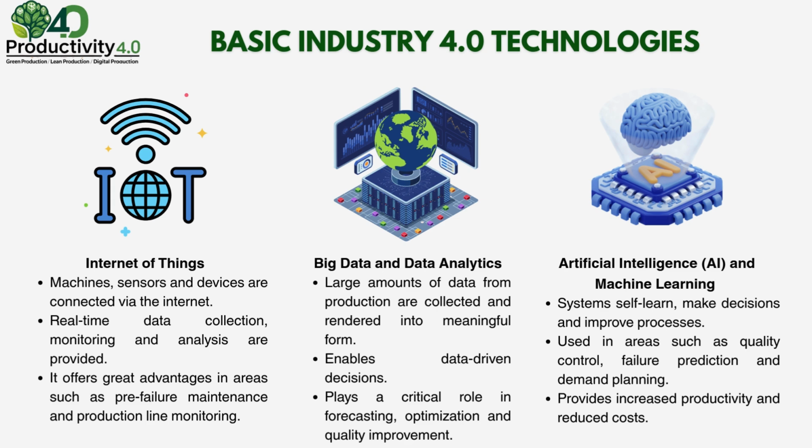These insights support accurate and rapid decision-making. Lastly, artificial intelligence and machine learning systems come into play. These technologies enable machines to make decisions independently by learning from past data. They offer high efficiency and cost advantages, especially in areas such as quality control, fault prediction, and demand planning. These three core technologies are the building blocks of Industry 4.0's transformative power in production.